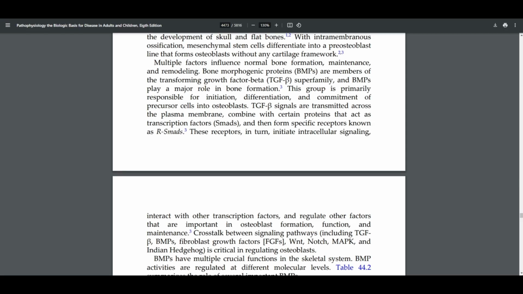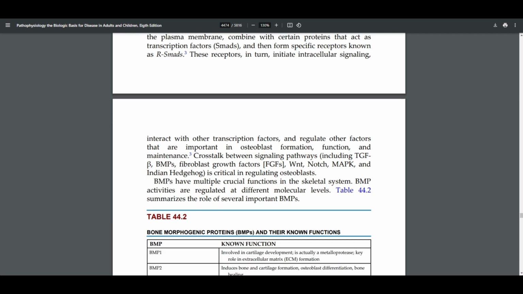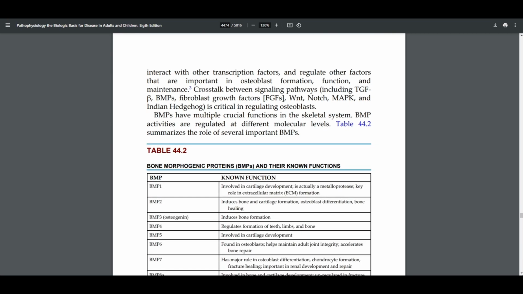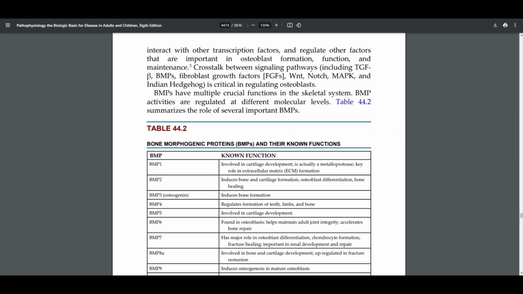Your transforming growth factor beta signals are transmitted across the plasma membrane, combined with certain proteins that act as transcription factors, and then form specific receptors known as R-SMADs. These receptors in turn initiate intracellular signaling, interact with other transcription factors, and regulate other factors that are important in osteoblast formation, function, and maintenance.